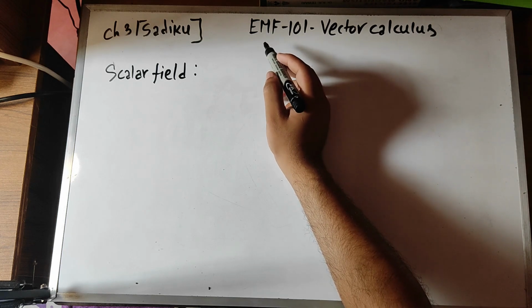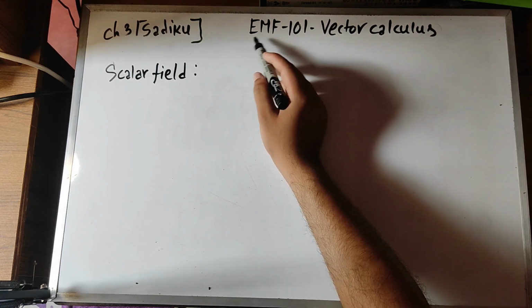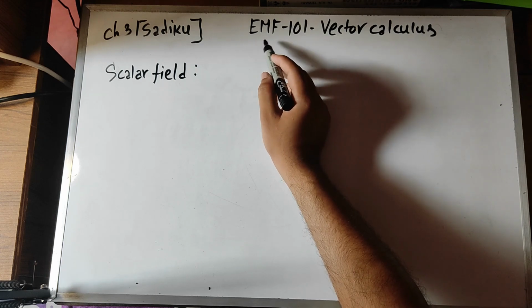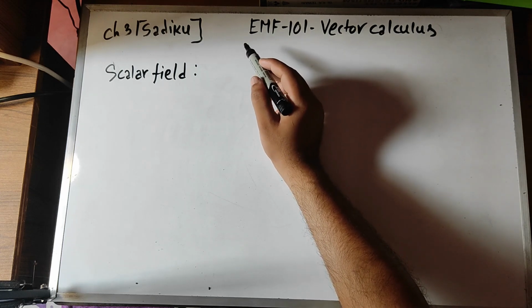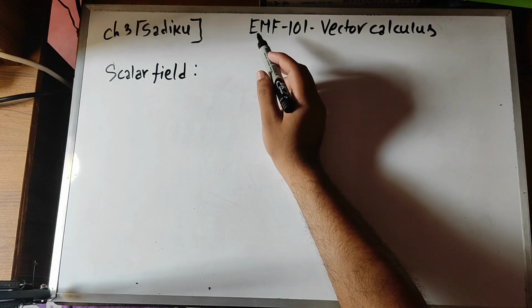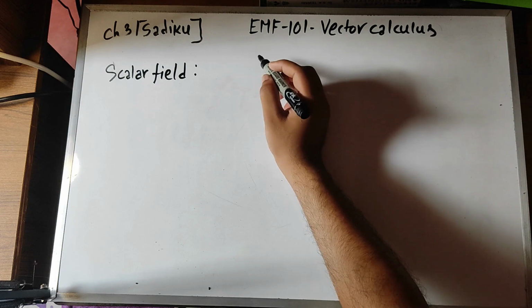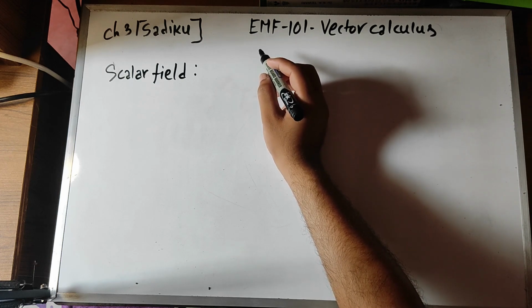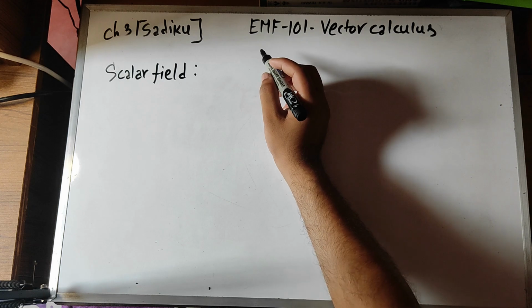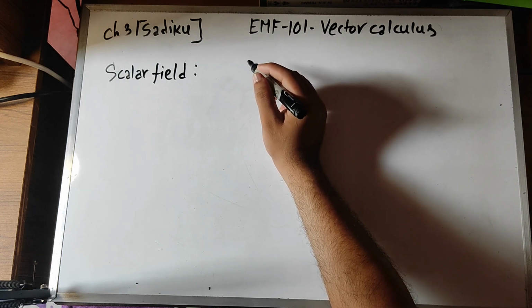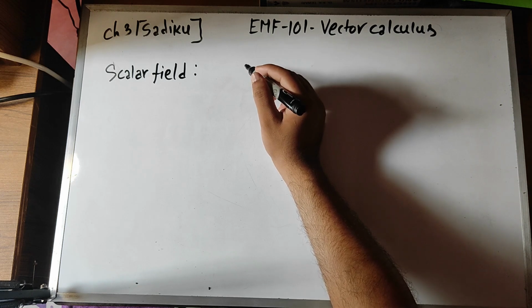In advanced electromagnetics, there is a term called tensor analysis, tensor fields. In future, if I am able to understand tensors, I will discuss it in my videos, so stay tuned for that.